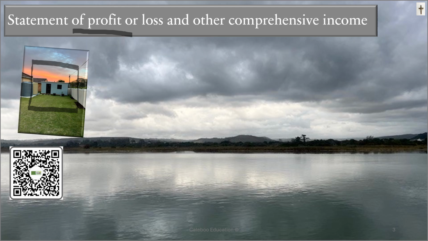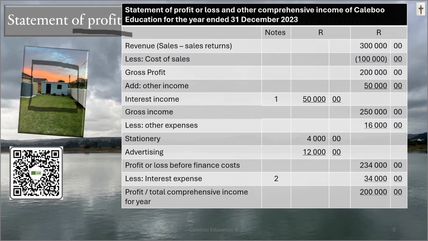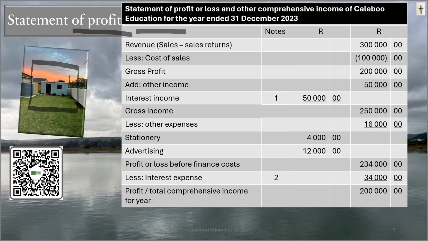That brings me to the next document, and our next document I'm going to look at is known as a statement of profit or loss and other comprehensive income. That's the name of the statement. It used to be called the income statement, but this is the new name given to an income statement.